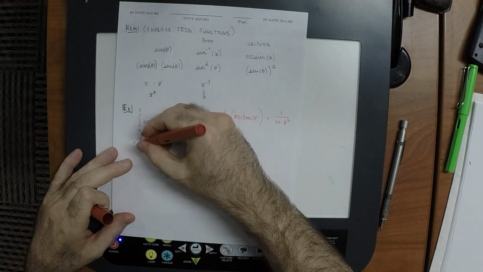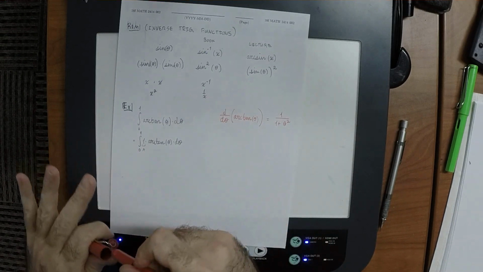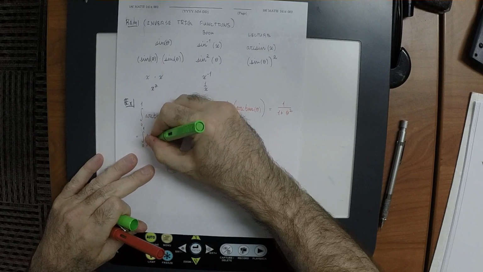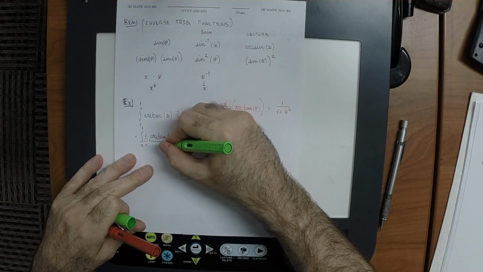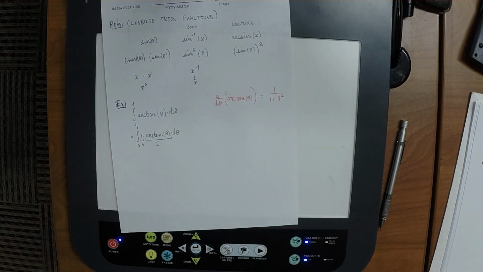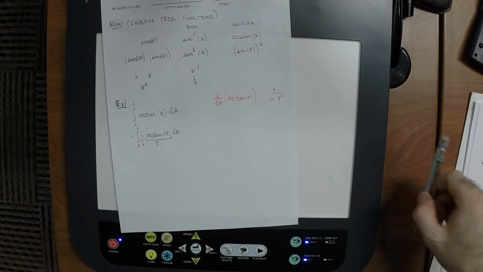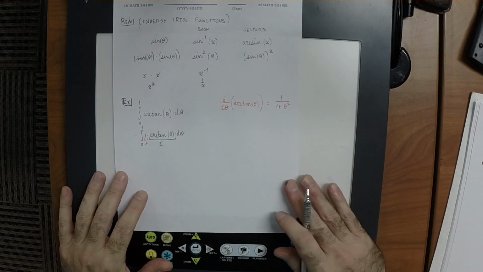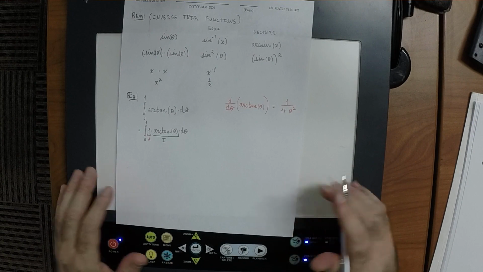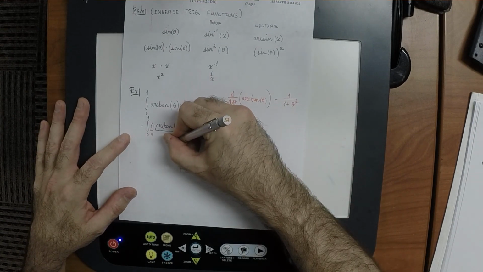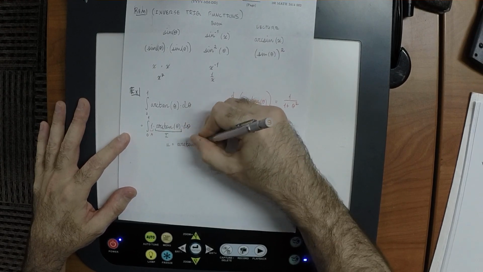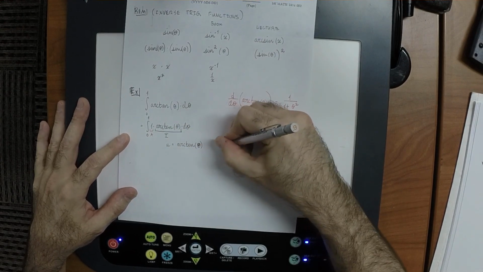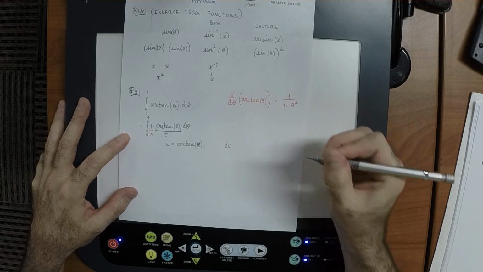This 1 is an algebraic thing. This arctangent is what kind of thing? Inverse trig, right? So it's an I in the ILATE order. That tells us what we're going to select for u. So u is arctangent of theta, and therefore dv is 1 d theta.